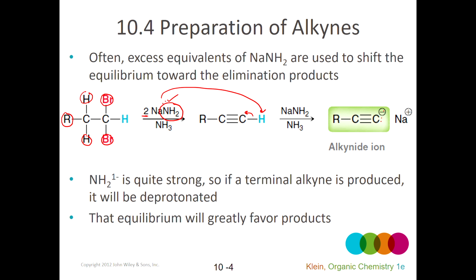If I'm trying to create this so it can act as a nucleophile, and I want that to attack some electrophile, like maybe an ethyl bromide, and do an SN2, that's great. I can kind of kill two birds with one stone, so to speak. In other words, one reagent, just using an excess of it, more than 2 moles, 3 moles total, can go all the way from the dihalide to the nucleophile.